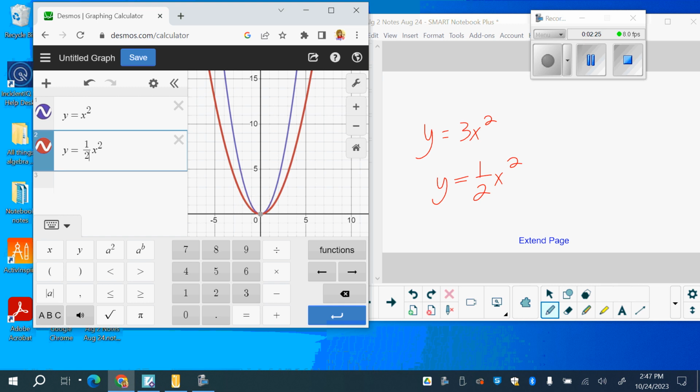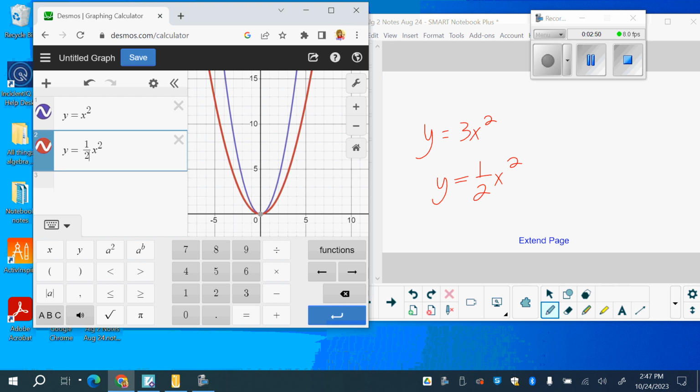What are the other words that I use for that? Vertically compressed. I thank those of you that are sitting quietly. So I have my foot on the vertex, and I'm vertically compressing the two sides. So that's why it's called a vertical compression.